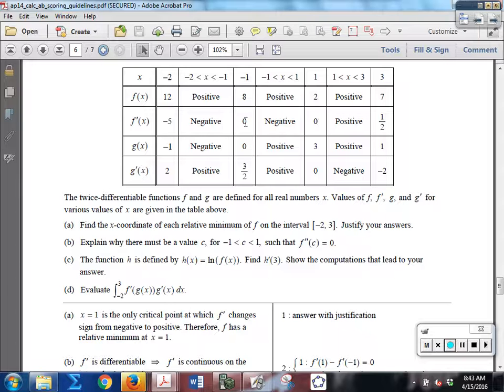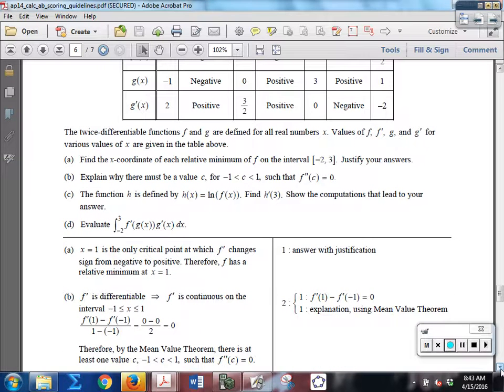It seems like they still want you to say, if you're using the intermediate value theorem and the mean value theorem on both of those, if it's differentiable, then it's continuous. Differentiable implies continuous, it's not going to throw anything off.